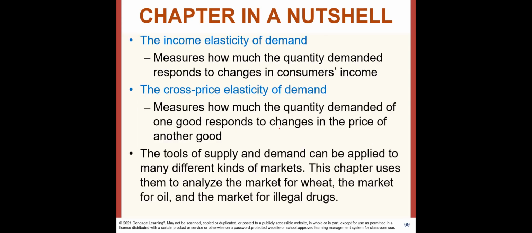And the income elasticity of demand measures how much the quantity demanded responds to a change in consumers' income. Cross price elasticity of demand measures how much the quantity demanded of one good responds to changes in the price of another good. The tools of supply and demand can be applied to many different kinds of markets. This chapter uses them to analyze the market for wheat, the market for oil, and the market for illegal drugs.